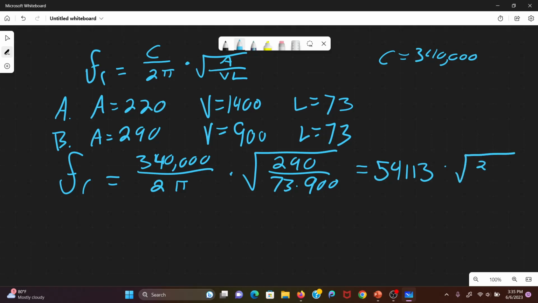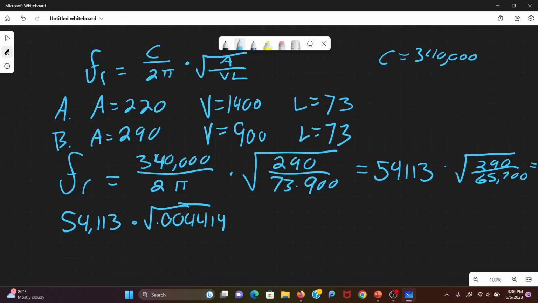We'll go ahead and simplify this. So 290 over 73 times 900, which is 65,700. And we'll just keep writing this number here, 54,113 times the square root of 290 over 65,700, equals 54,113 times the square root of 0.004414.